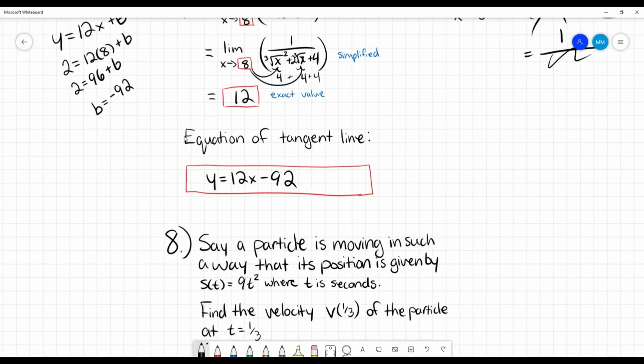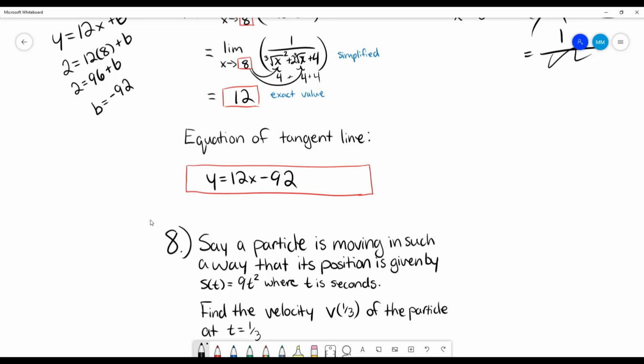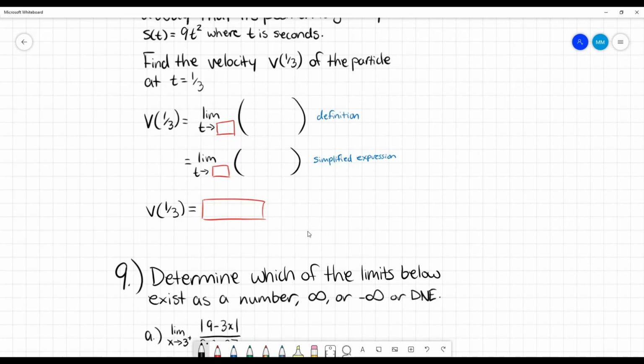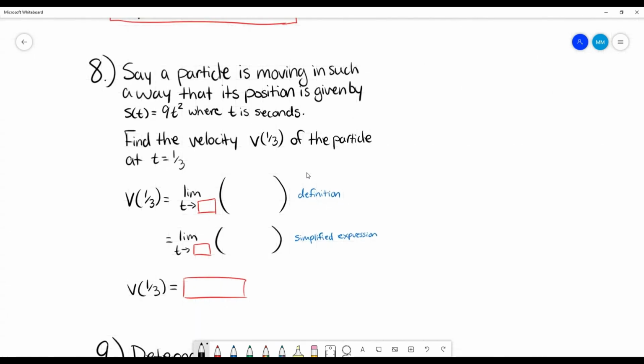All right. Now for number 8. Okay. So number 8 also has a couple of parts. It says, say a particle is moving in such a way that its position is given by the function s of t equals 9t squared, where t is in seconds. We want to find the velocity of the particle at t equals 1/3.